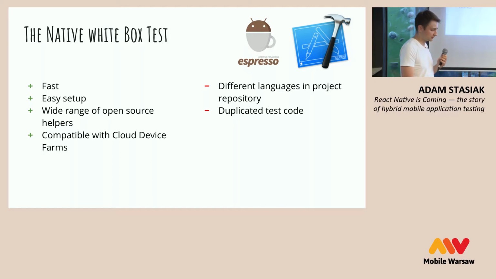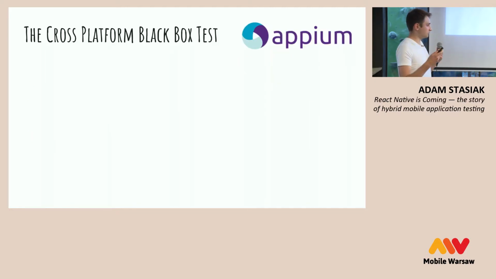So it's very poor. Next approach, and maybe kind of treatment for disadvantages from native approach, is cross-platform black box test framework. The most popular is Appium. Appium is based on Selenium and allows for writing one code, test code, for both platforms.